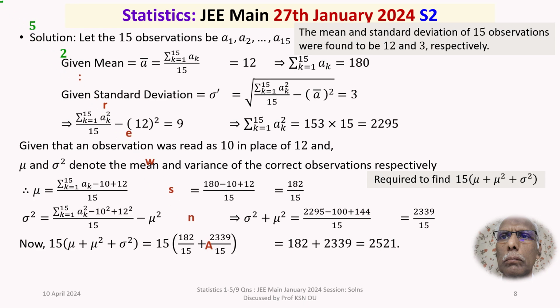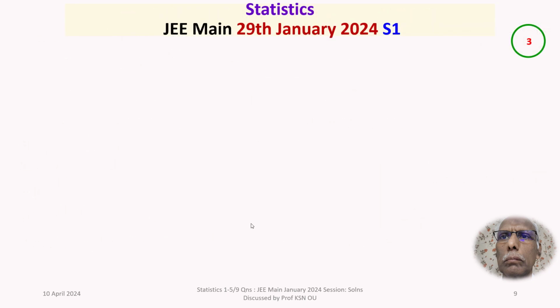So that's your answer. The answer to this question is 2521, and that is the detailed discussion of the solution of this problem. It is also an easy question. I am sure that you have understood the solution of this problem. We go to the next question.